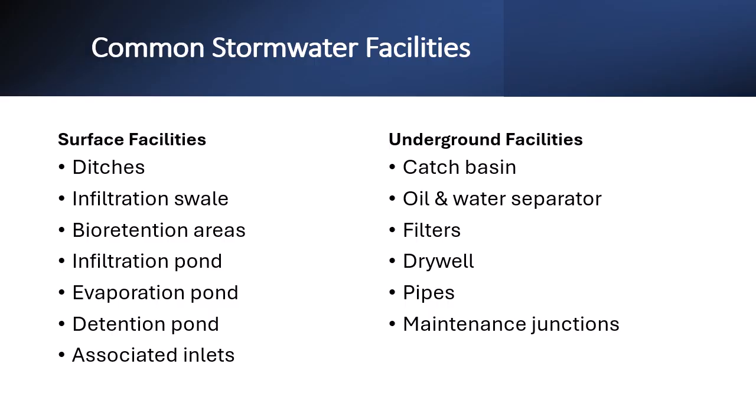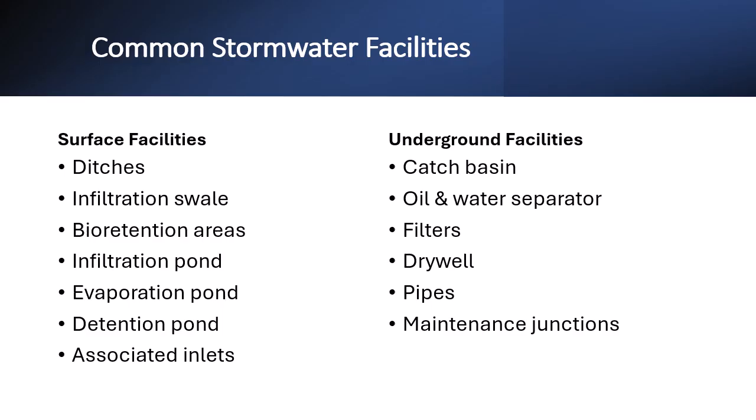Now that you understand engineering plans, let's go over the common stormwater facilities used in the Spokane area so that you know what to look for during an inspection. There are two main types of facilities, those on the surface and those that are underground. Surface facilities common in Spokane include infiltration swales, bioretention facilities, various types of stormwater ponds, ditches, and culverts.